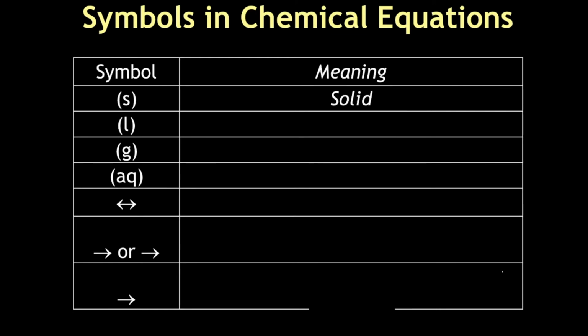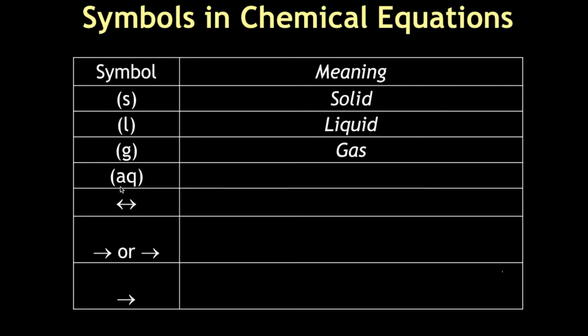So here are the symbols that you'll see in the equations and what their meanings are. The S would indicate that there's a solid. L, as you would guess, would indicate a liquid. G would indicate a gas. AQ, we've learned about ionic bonding and an aqueous solution.